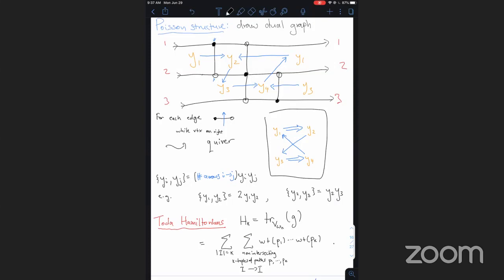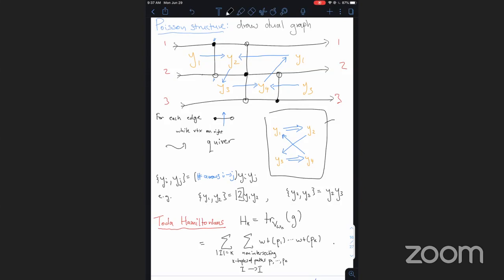The coefficient of proportionality is just the number of directed arrows from y sub i to y sub j, if we're calculating the bracket between the ith and jth of these coordinates. So for instance, the Poisson bracket of y1 with y2 will be 2 times y1 y2, because we have a double arrow in this quiver over here. Whereas y1 and y3 will just Poisson commute, and y2 with y3 will be y2 times y3.